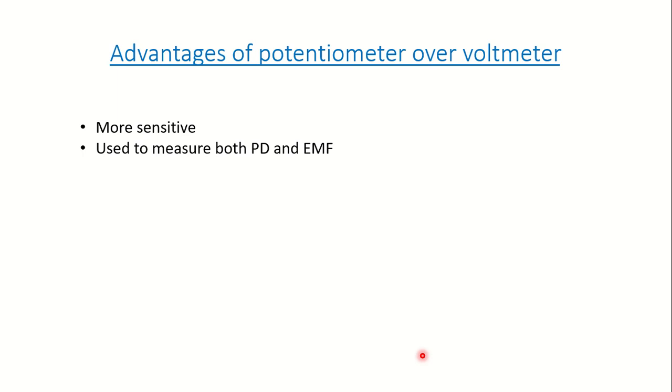And you know that using voltmeter you can measure only potential difference, but using potentiometer you can measure both the potential difference and the EMF of the cell. And the measurement of potential difference or EMF with the help of a potentiometer will be more accurate than a voltmeter.